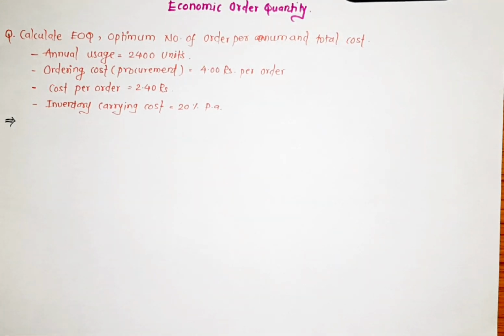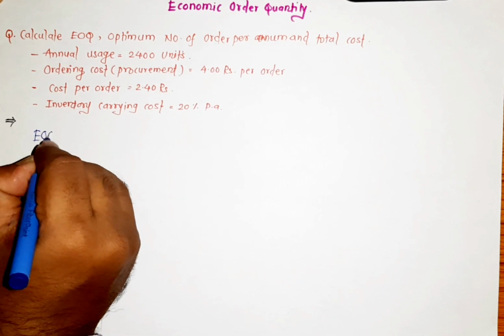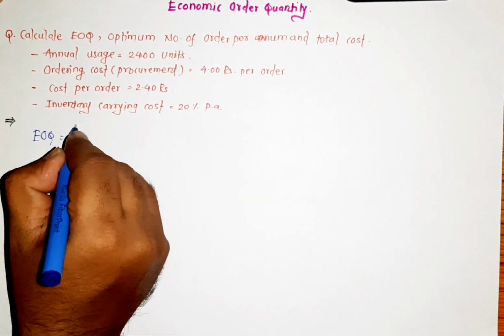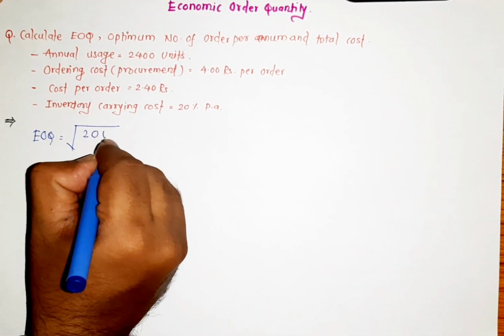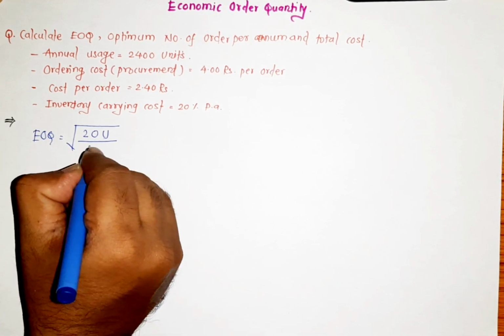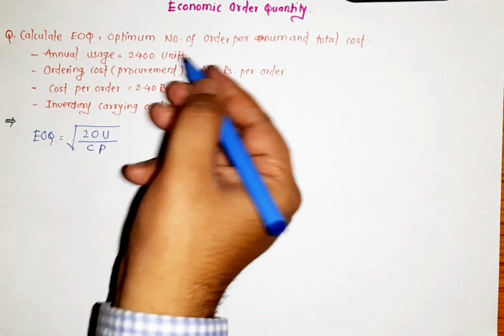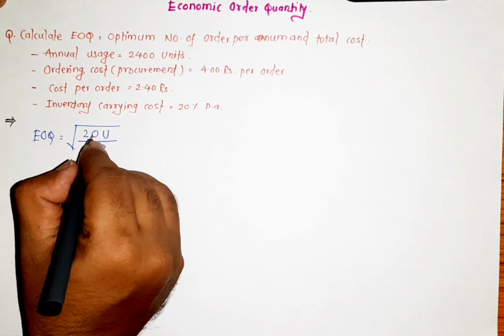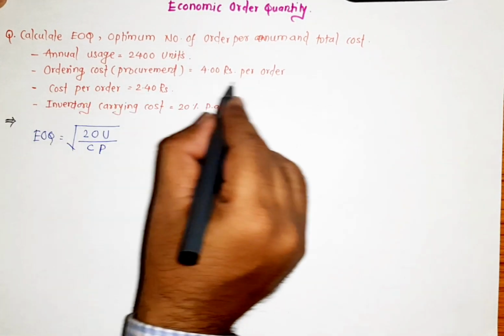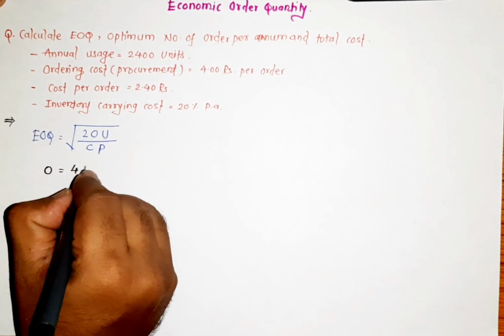Whenever we want to calculate the EOQ, there is a formula defined as EOQ is equal to under root of 2OU upon C into P. Here in this problem we'll summarize these values. O is your ordering cost, so O is equal to 4 rupees.